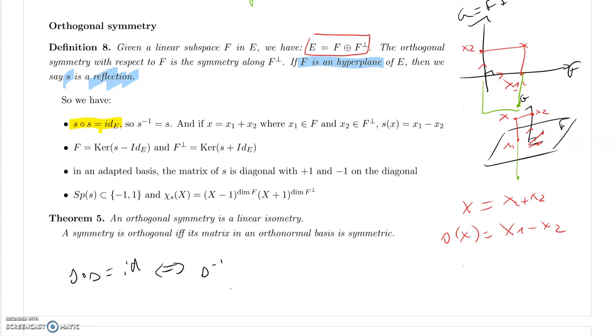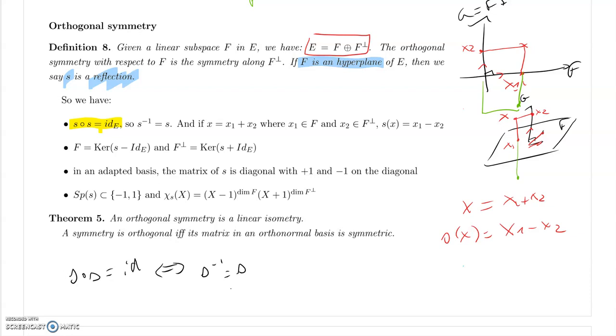It just means that S inverse is equal to itself. It's auto-inverse. It just means the inverse is S itself.